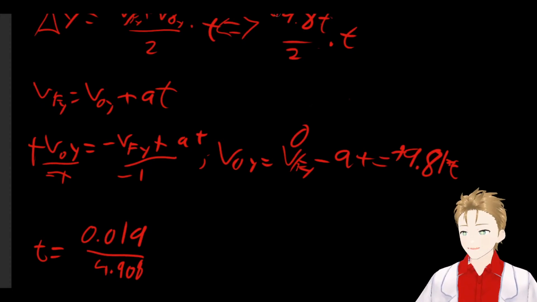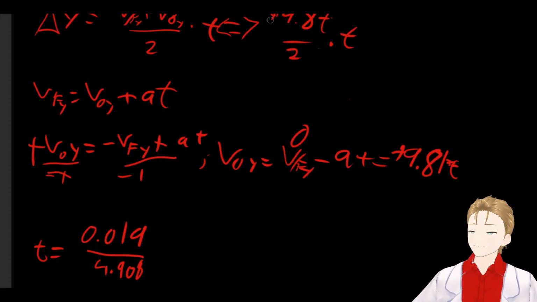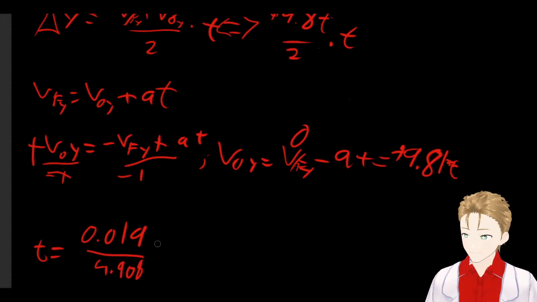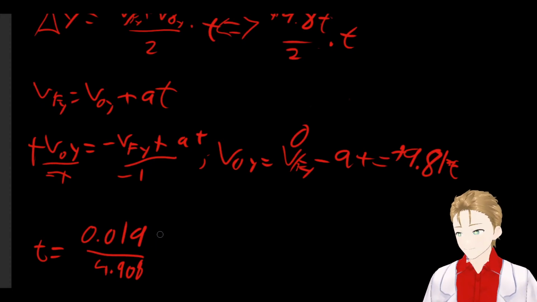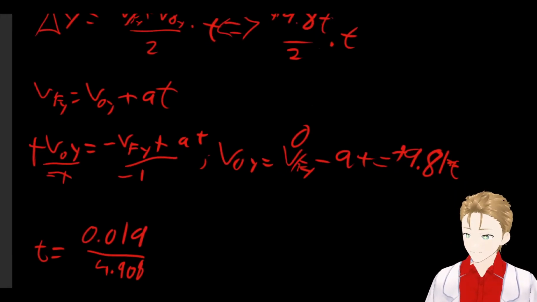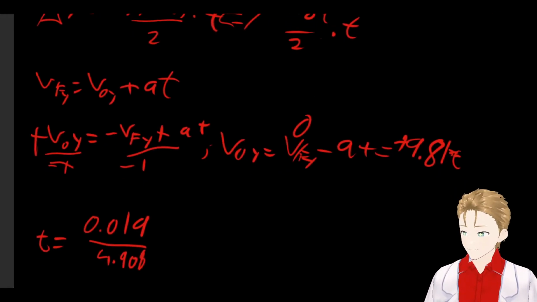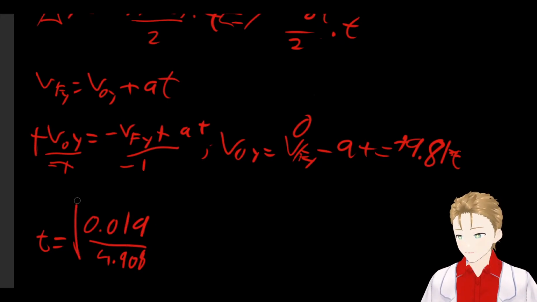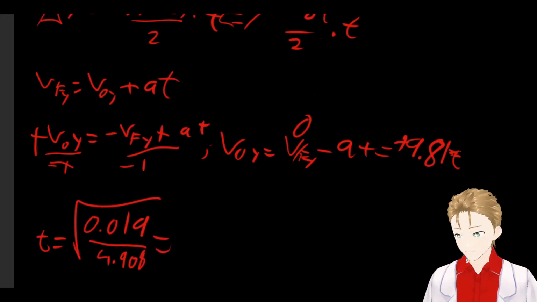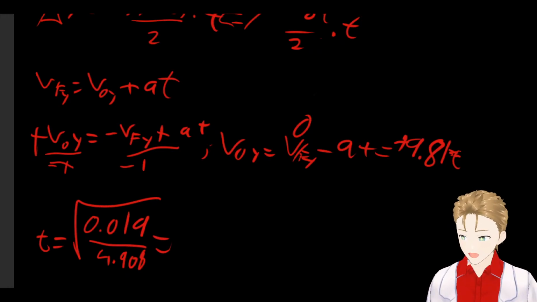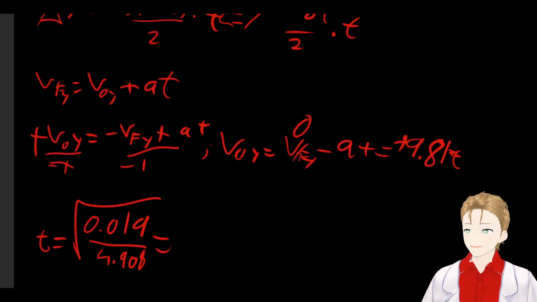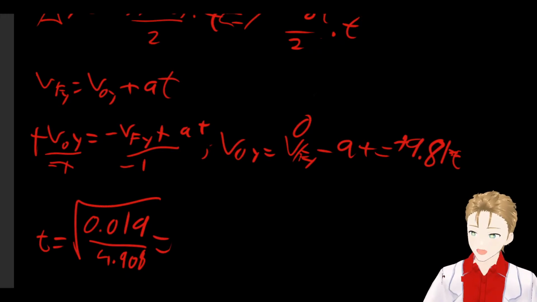Of course. Double negative is right. Yeah, the square root. Let's see what happens. Either it's horribly wrong or it's horribly right. Equally terrifying possibilities. 0.019 divided by 4.95.